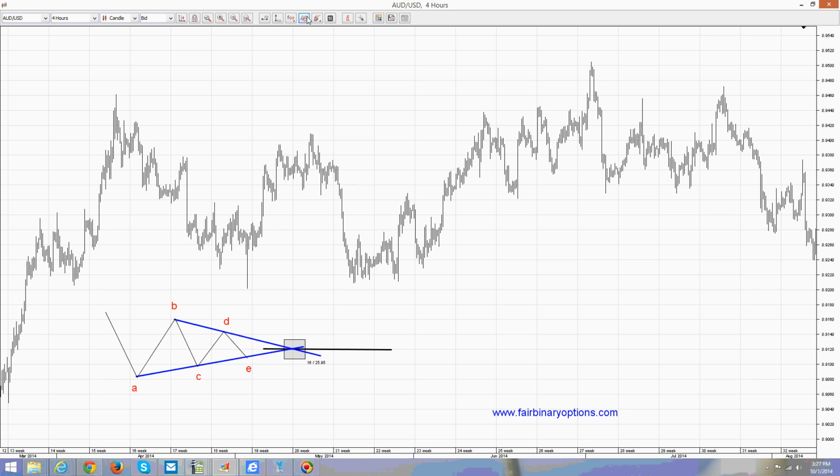Of course, the bigger the time frame, the stronger the support and resistance. The bigger the triangle, the stronger the support and resistance. So let's say that this is the apex of a triangle, and it offers support and resistance on the right side of the chart.